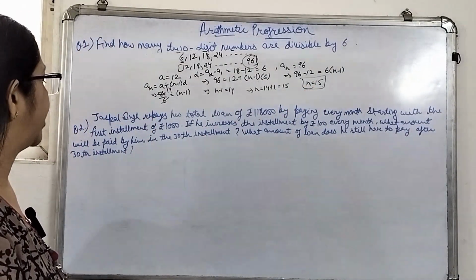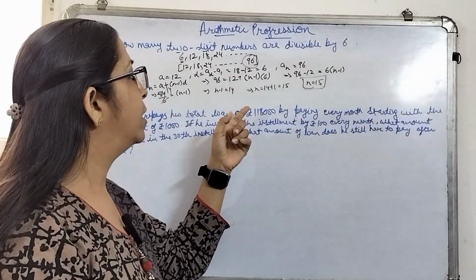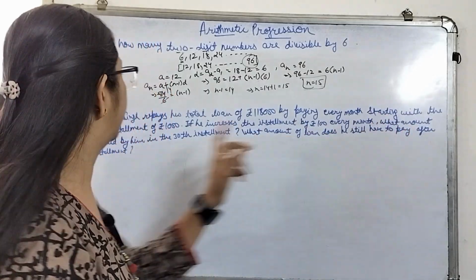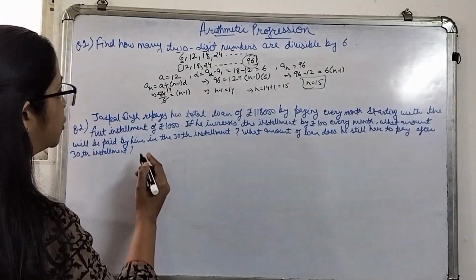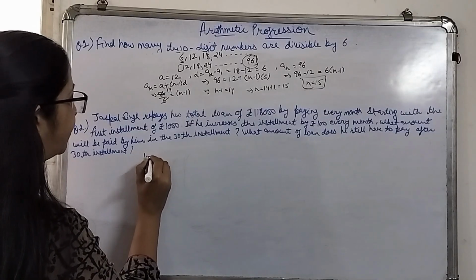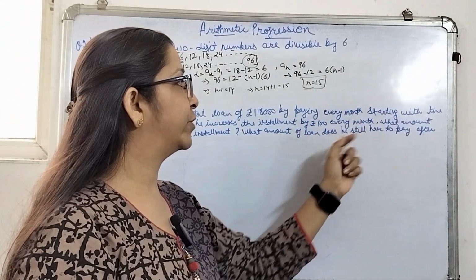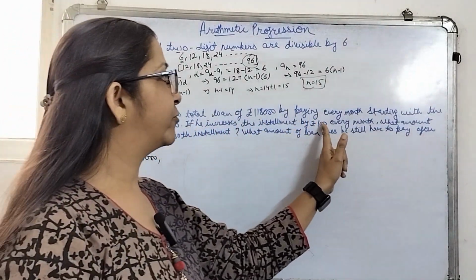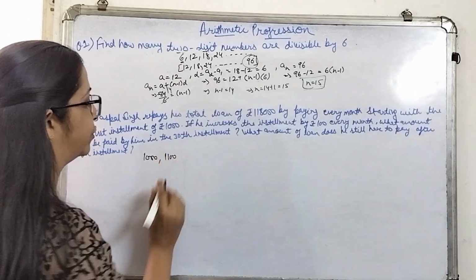Now let's see another question. Jaspal Singh repays his total loan of rupees 1,18,000 by paying every month, starting with the first installment of rupees 1000. So the first installment is of 1000 rupees. If he increases the installment by rupees 100 every month, that means if the first installment was 1000, the second installment will be increased by 100, that means it will be of 1100 rupees.